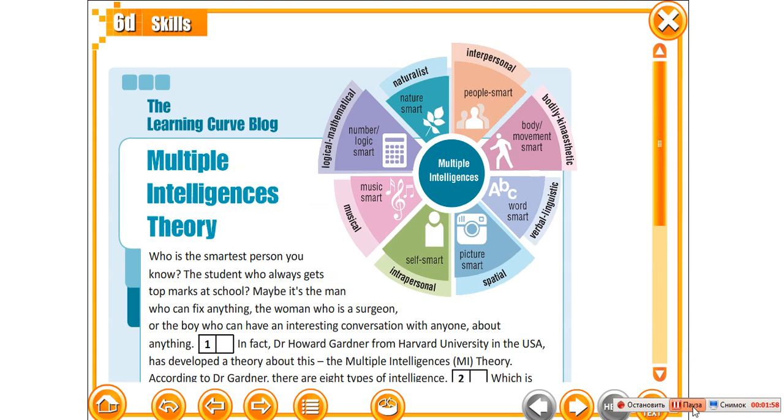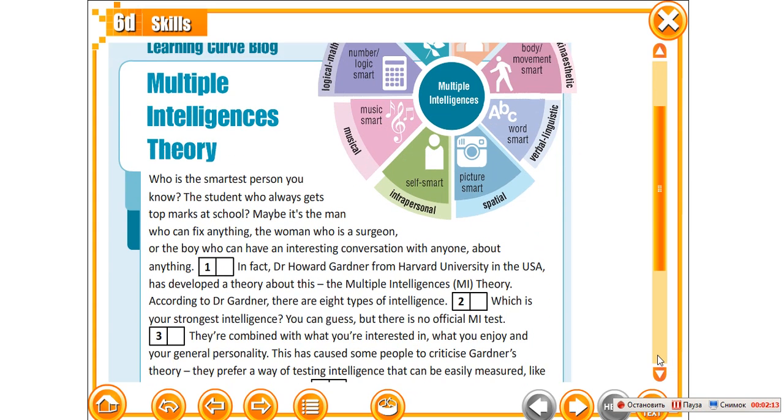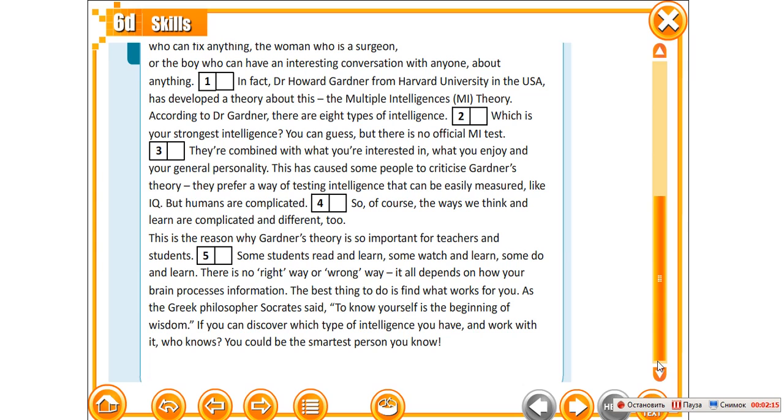First of all, I'd like you to read this text yourself and do the theory exercise. Your task is to fill in the gaps with the correct sentences from A to F. One sentence is extra. Одно из предложений лишнее.